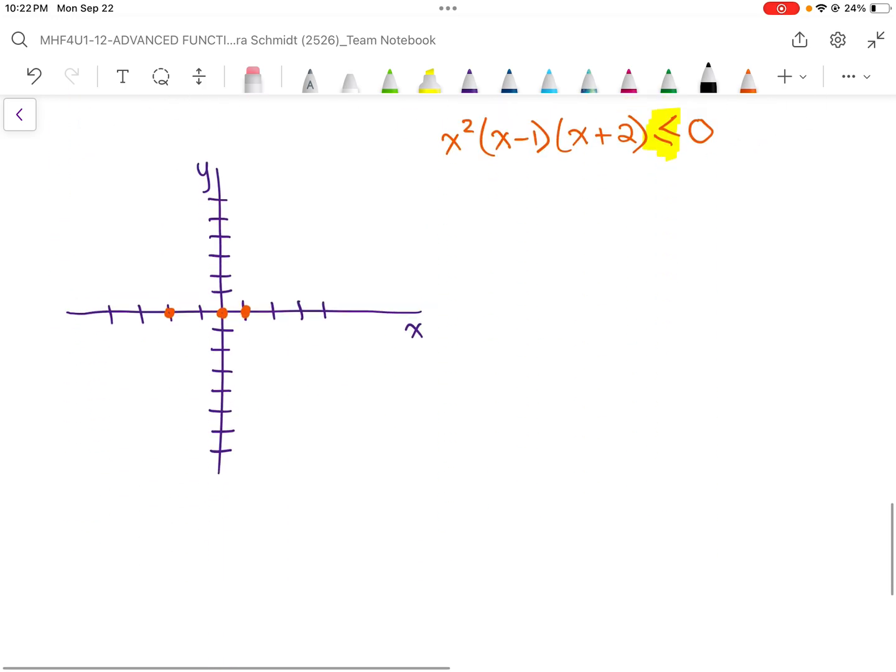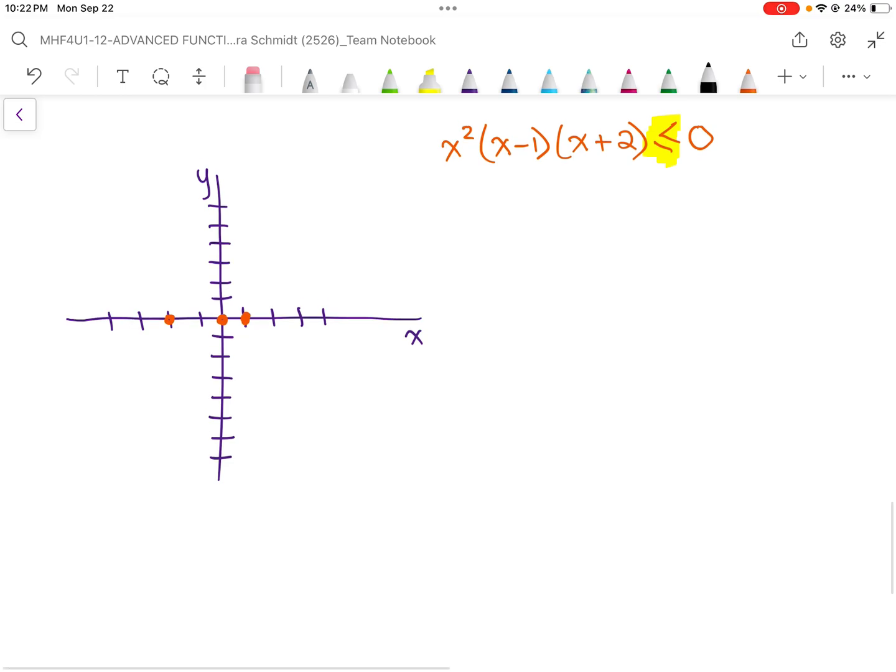Okay, let's say we don't have a graph yet, but it is in factored form. We could quickly graph it. So I know I have a root at 0, I have a root at 1, and I have a root at -2. So I have 3 x-intercepts, and I know this one is order 2, so like a double root.